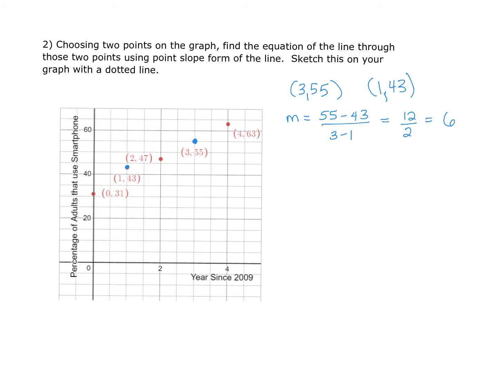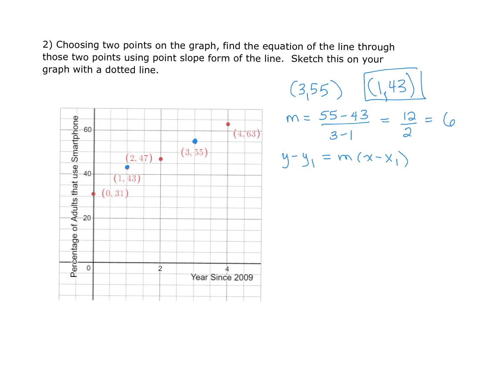Now let's find that equation. We're going to use our point slope form. y minus y1 equals the slope times x minus x1, and I would like to use the ordered pair (1, 43). It's a good idea for you to indicate that somehow by highlighting it or writing a box around it so that you don't use an x from one coordinate and a y from another.